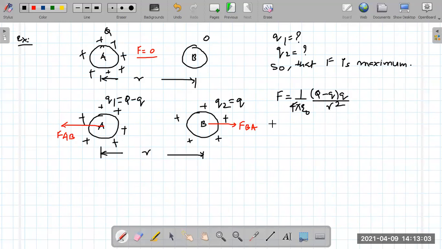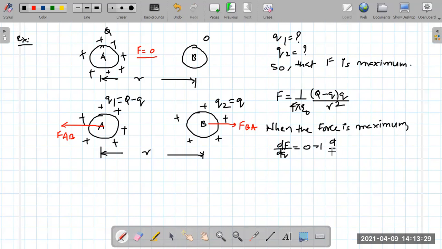Here they want the force to be maximum. This force is a function of charge, so we can say that the derivative of force with respect to charge is 0.